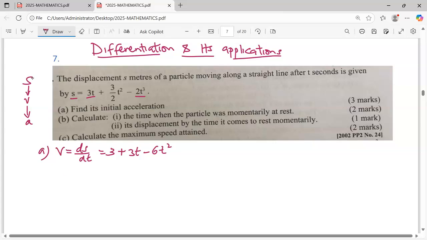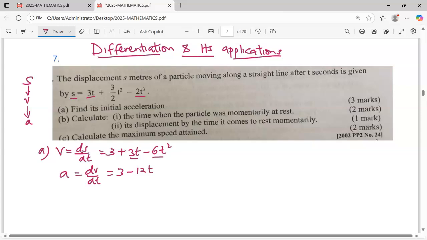Then to get acceleration, we are simply going to differentiate velocity with respect to time. We start with 3t; you differentiate 3t, you get 3. Then you differentiate -6t^2, you bring down 2, which gives us -12t.